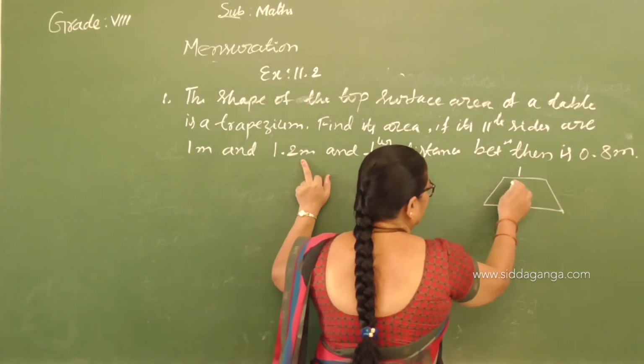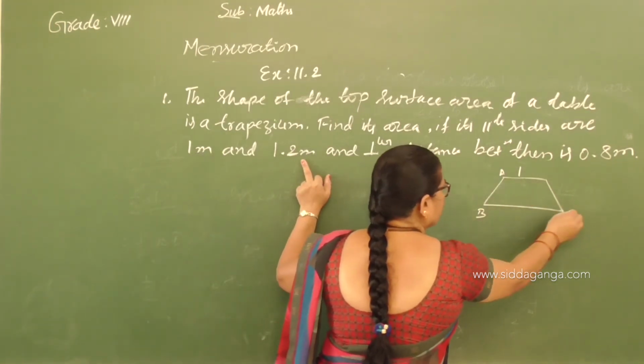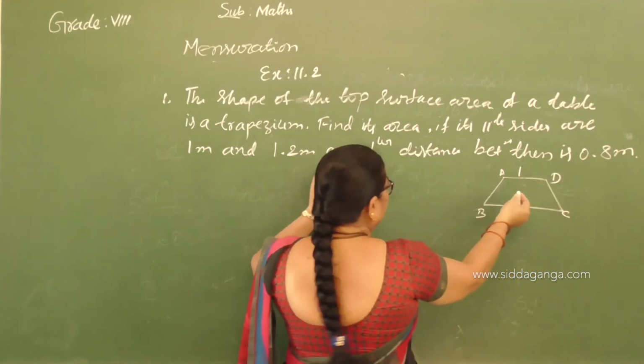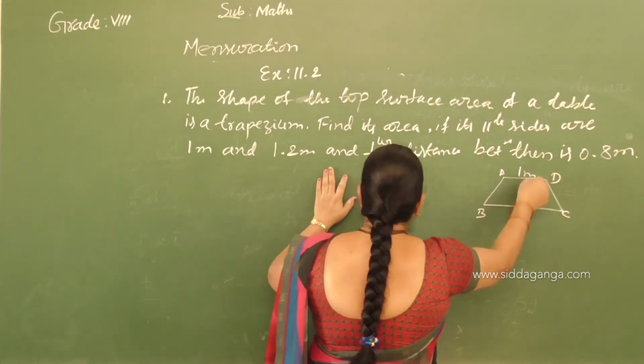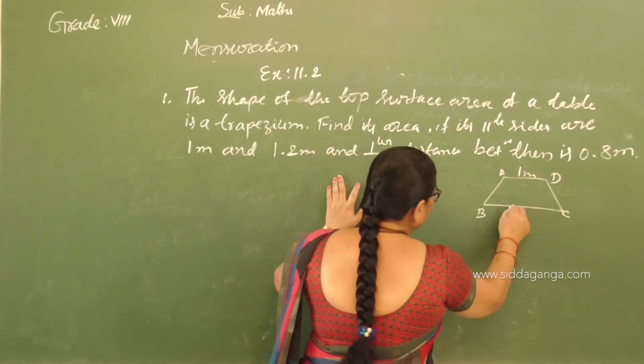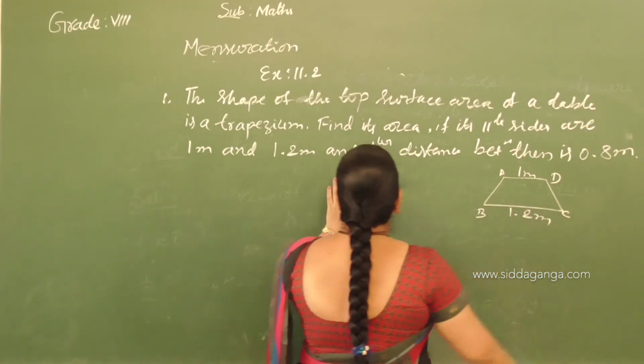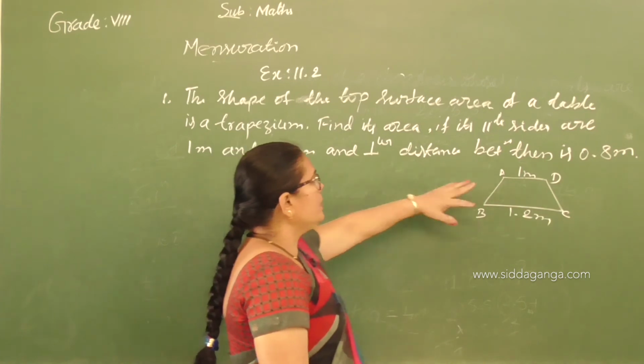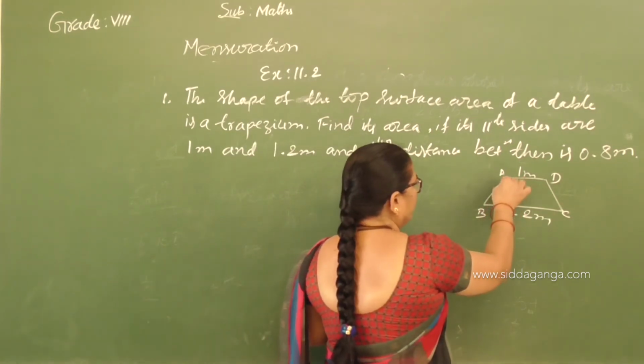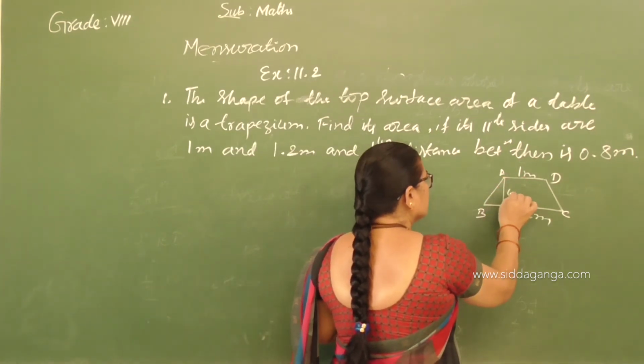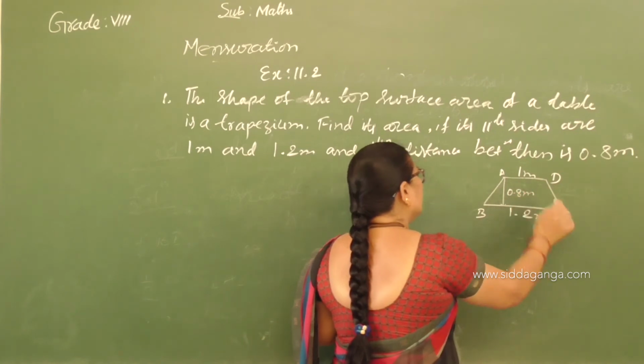Here ABCD is a trapezium. AD is equal to 1 meter, BC is equal to 1.2 meter, and perpendicular distance between them is 0.8 meter.